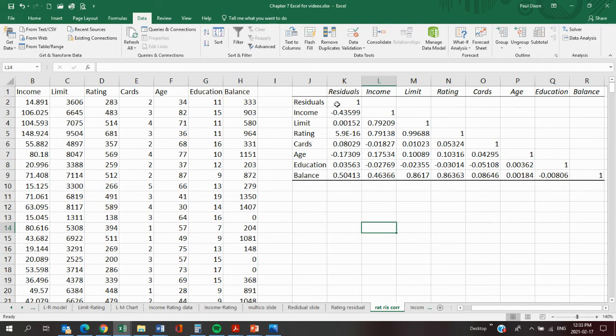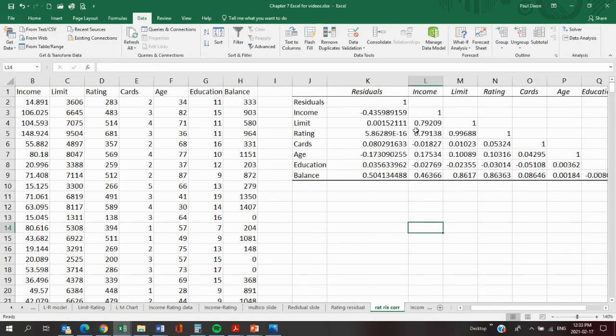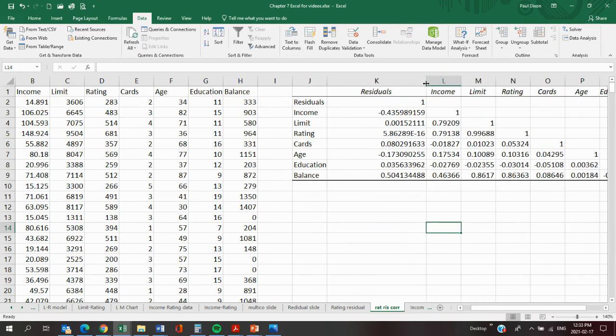So as income goes up, the error becomes more and more negative. Rating or limit has no meaning whatsoever. What does 5.9e minus 16 mean? It means there's a lot of zeros here. Let me see if I can get it to give me all the zeros.